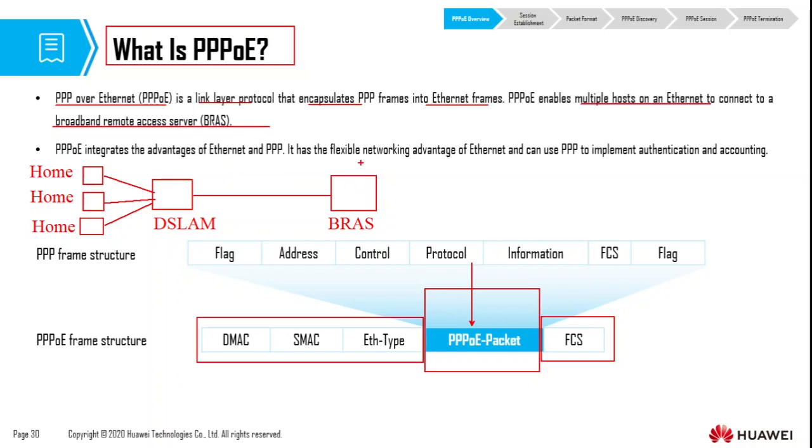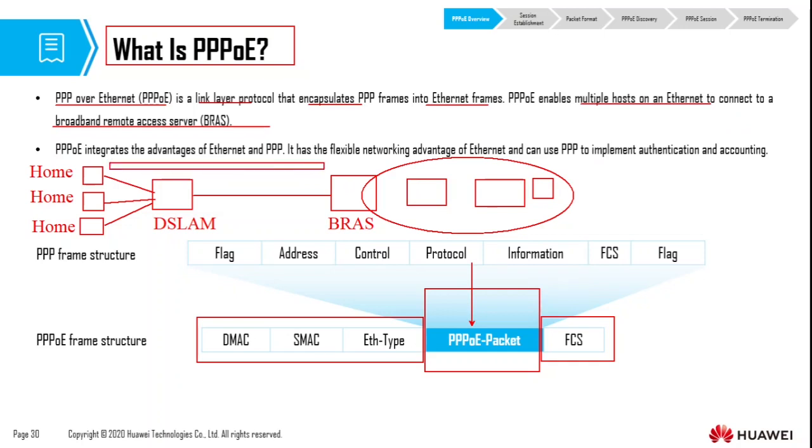Normally, the BRAS sits at the edge of the ISP's network. Within the ISP's network, of course, we have other routers that are going to route your packets to the internet. Really, where PPPoE is implemented is between your device and the BRAS.